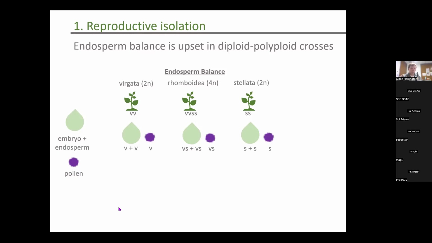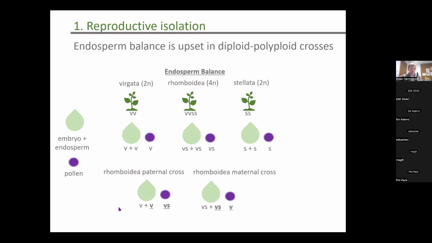And so the way this works out, if you were to make crosses, is that if Rhomboidea is the father in a cross with one of the diploids, it will bring a complement of the V and S genome along to the endosperm of the diploid parent.